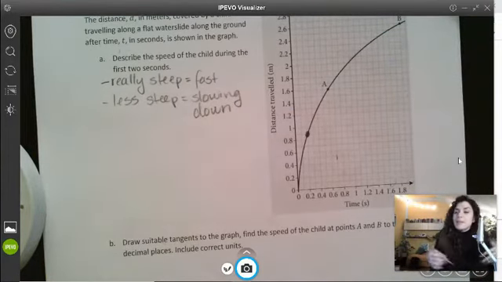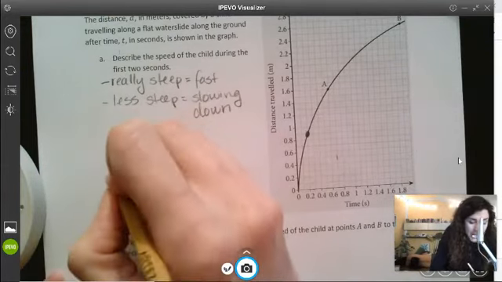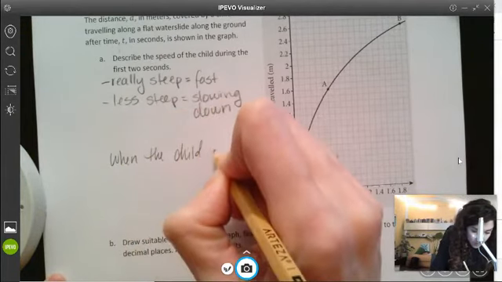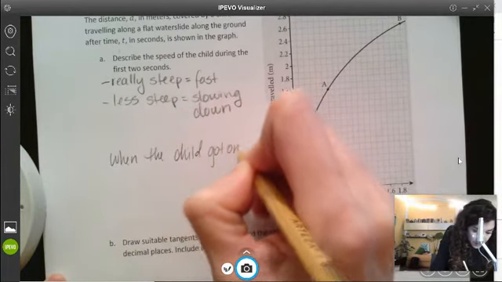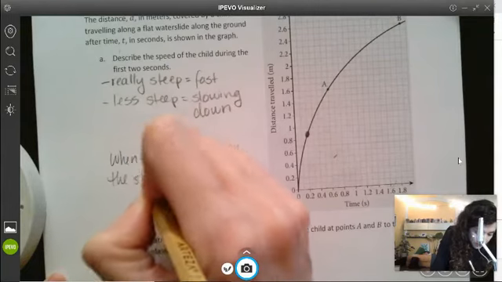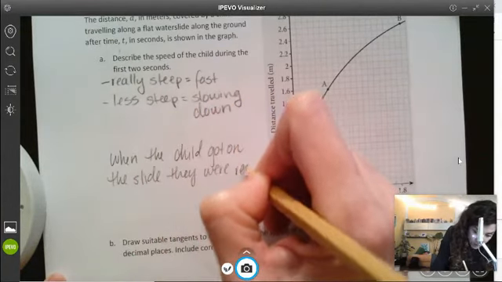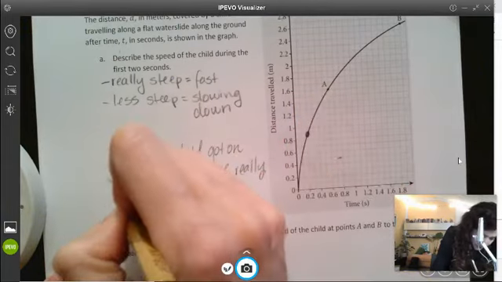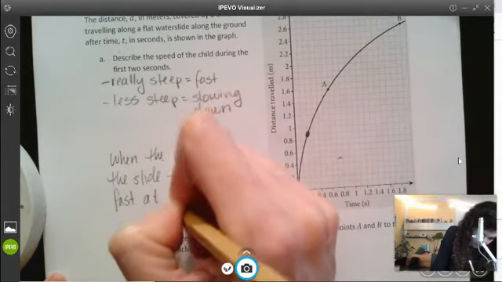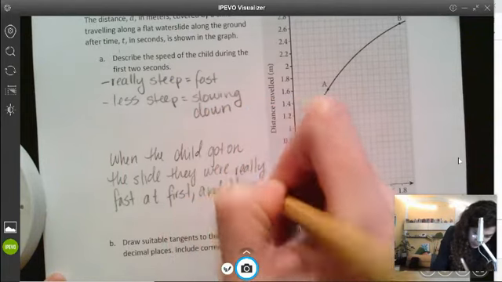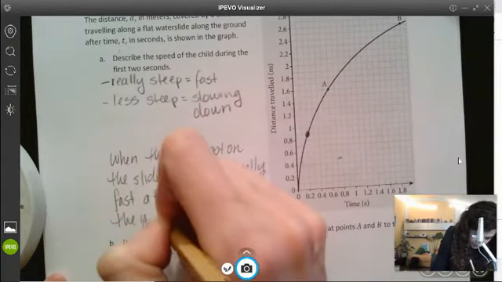So if we were to write about this in a more conceptual way, we would say when the child got on the slide, they were really fast at first. And then they slowed down.